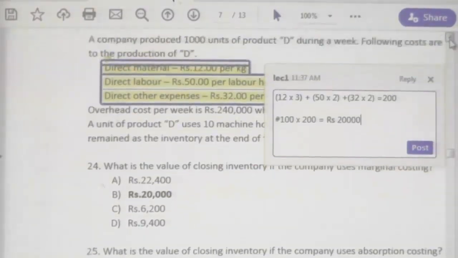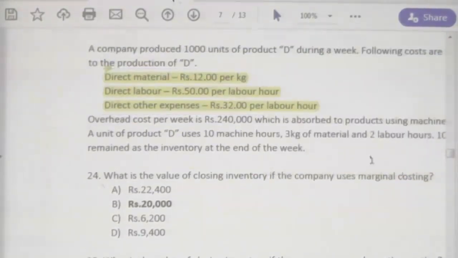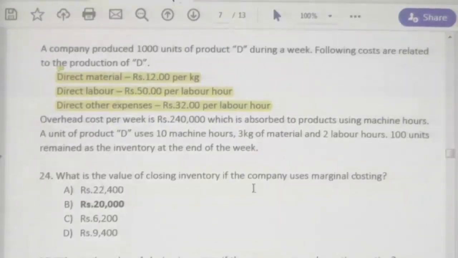Here in the question they clearly mention how they are going to absorb the fixed cost. The total fixed cost per week is 240,000, which is absorbed to product using machine hours. A unit of product D uses 10 machine hours, right?